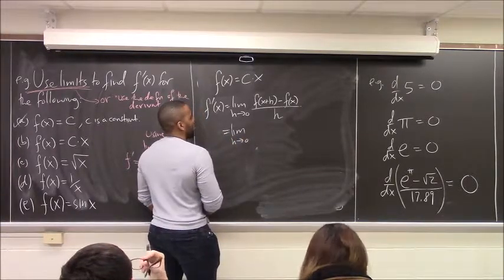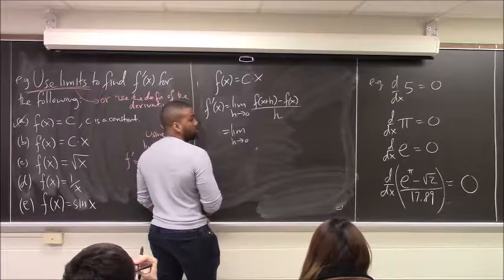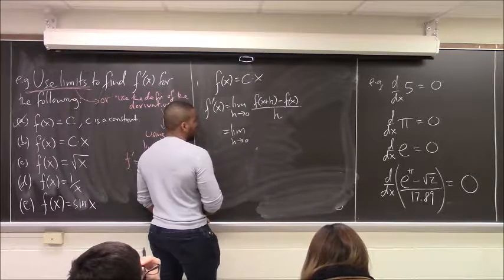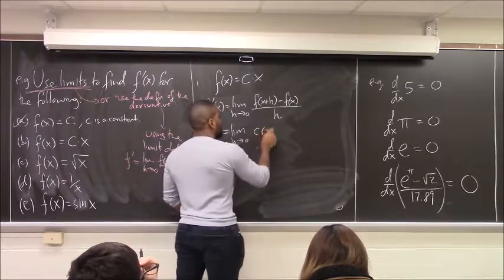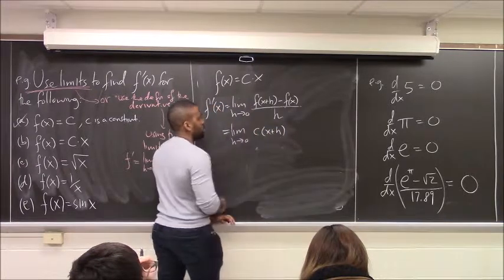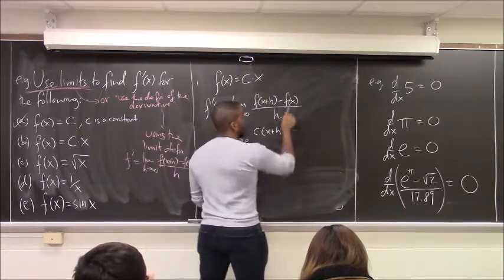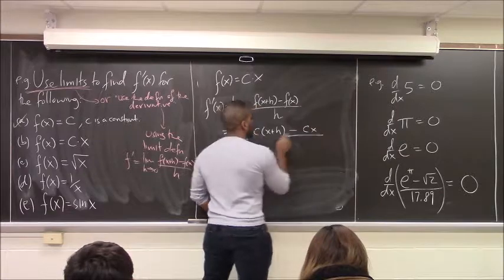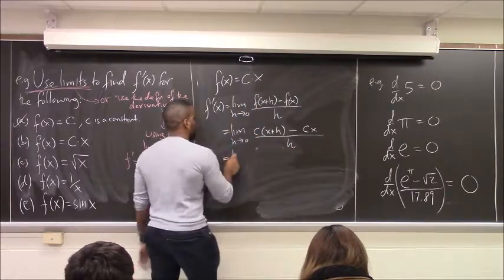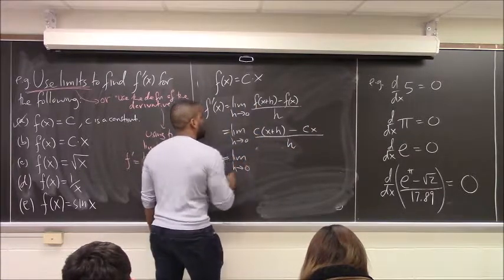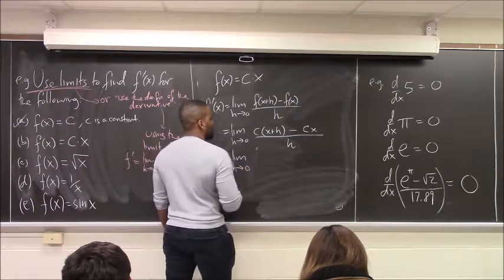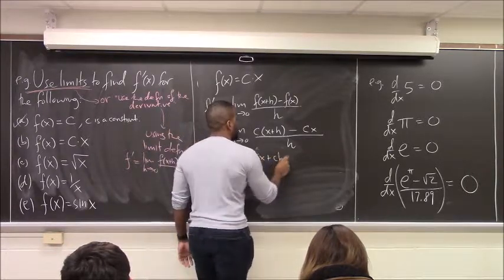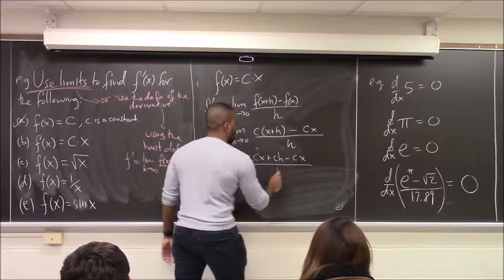What would f of x plus h look like here? c times x plus h. Whenever I see an x, I replace it with an x plus h, minus the original function, which is c times x, over h. So this is, of course, cx plus ch minus cx, over h.